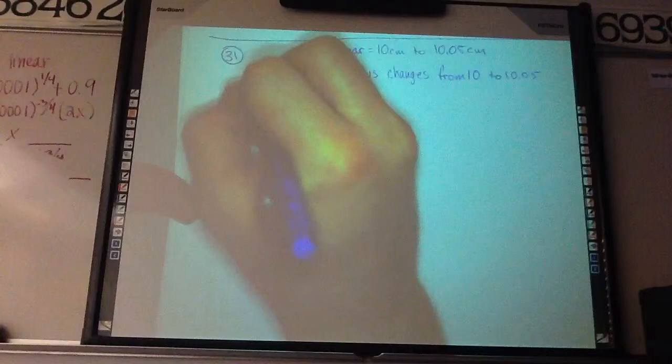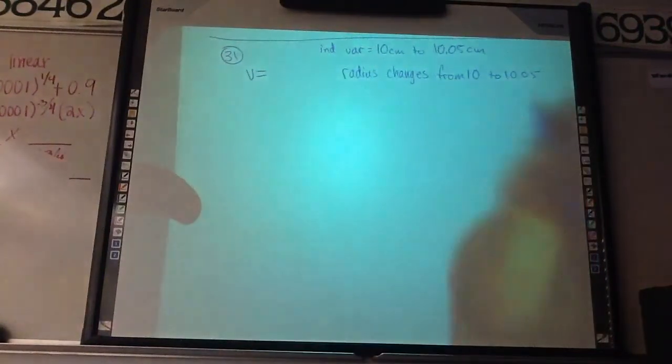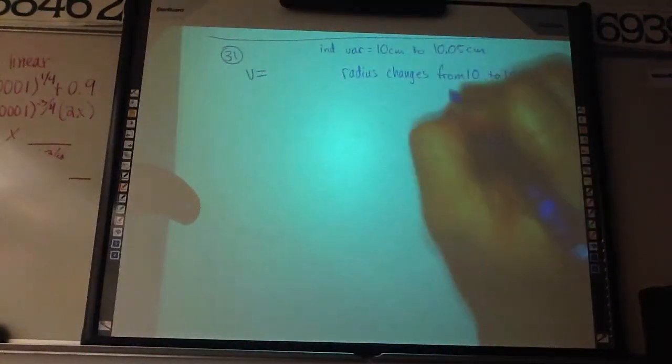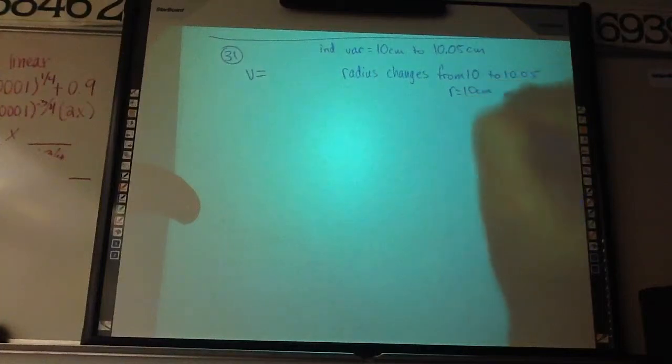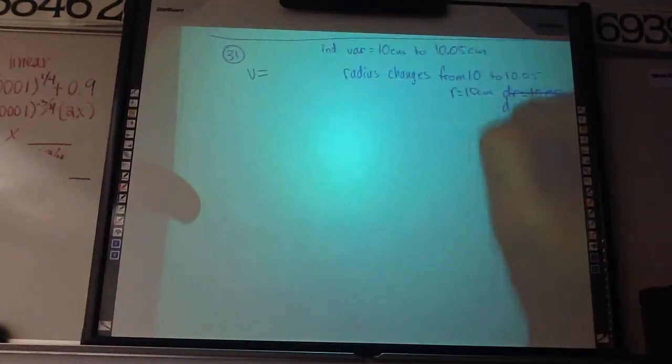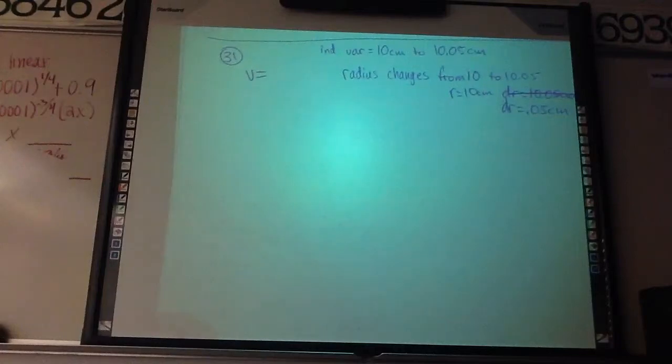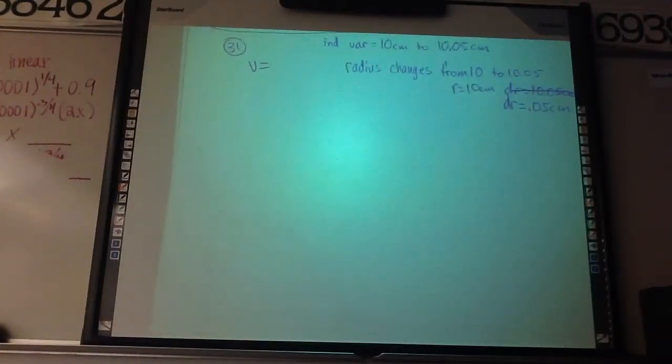So your radius is 10, your dx is 0.05. Your r is 10, dr is 10.05. No, it's 0.05. Oh, yeah, you're right. That would have been a bad mistake.